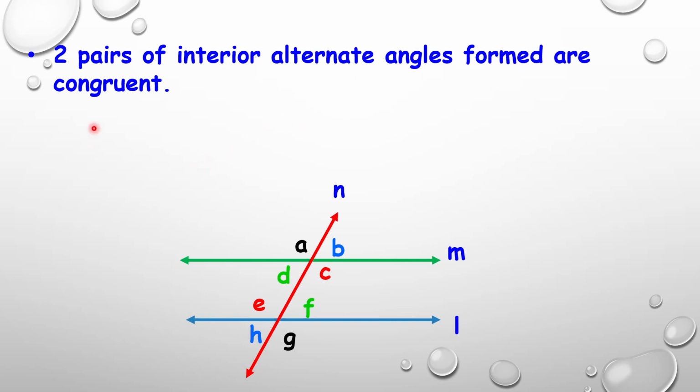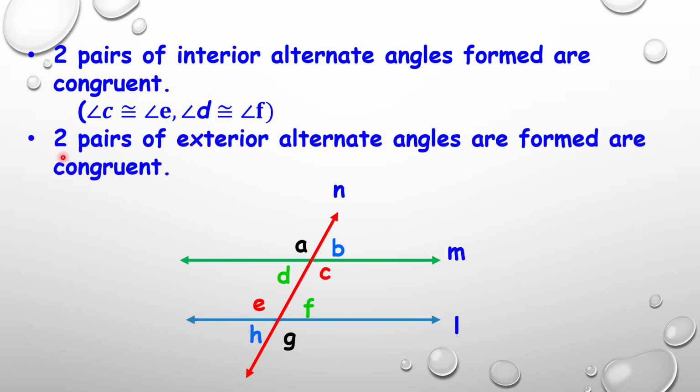You observe the figure, which are the two pairs of interior alternate angles. Here angle C and angle E are one pair of interior alternate angles. These two angles are congruent. And another pair is angle D and angle F. These two angles are congruent. So, angle C congruent to angle E and angle D congruent to angle F.